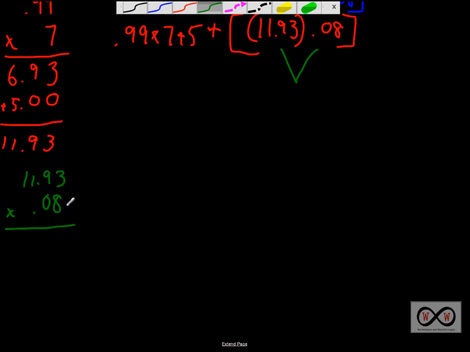8% or 8 hundredths. So we've got 8 times 3, you're probably thinking 24. Good for you. 8 times 9 would be 72. Plus 2 would be 74. Then we've got 8 times 1 would be 8 plus 7 would be 15.